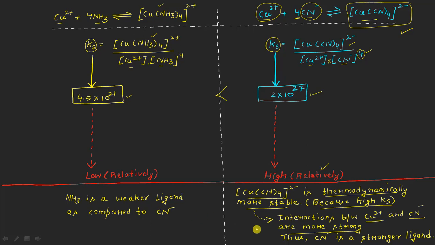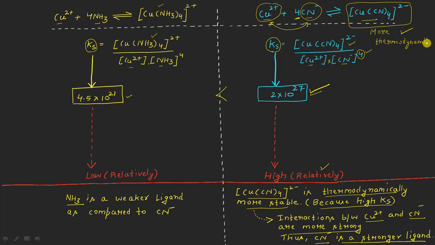And finally, we can say that the cyanide ion is actually a stronger ligand as compared to ammonia. Here the cyanide ion acts as a Lewis base, and the copper ion acts as a Lewis acid. So the complex formation depends upon the interactions of these cyanide ions with the Cu2+ ions. Experimentally it has been shown that this complex is more thermodynamically stable, so it will be formed very easily.